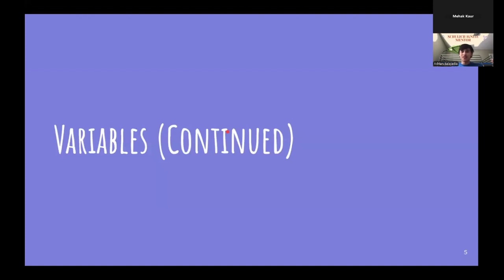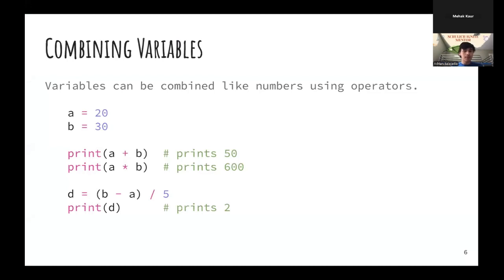So we touched on variables last week, and so let's continue on that topic. Remember, a variable is something that could hold a certain value. For example, a variable could be height, and I'm around 175 centimeters, so you can make a variable Adrian's height equals 175.